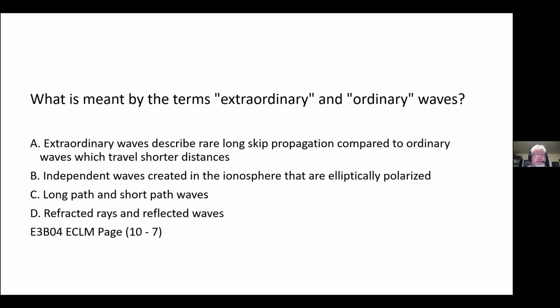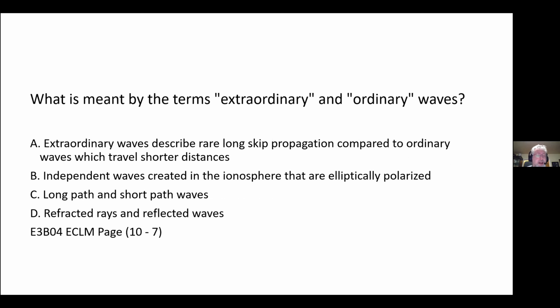What is meant by the terms extraordinary and ordinary waves? A, extraordinary waves describe rare long skip propagation compared to ordinary waves which travel shorter distances. B, independent waves created in the ionosphere that are elliptically polarized.